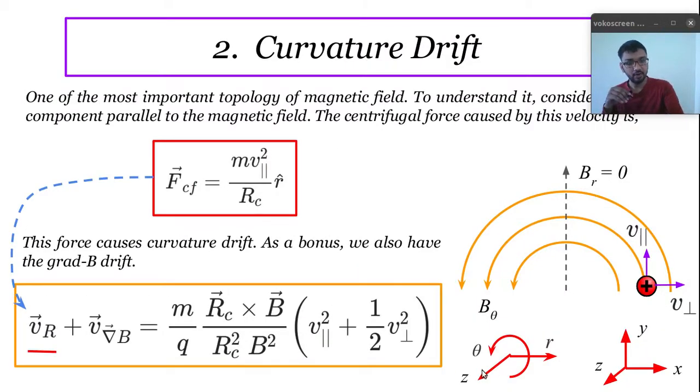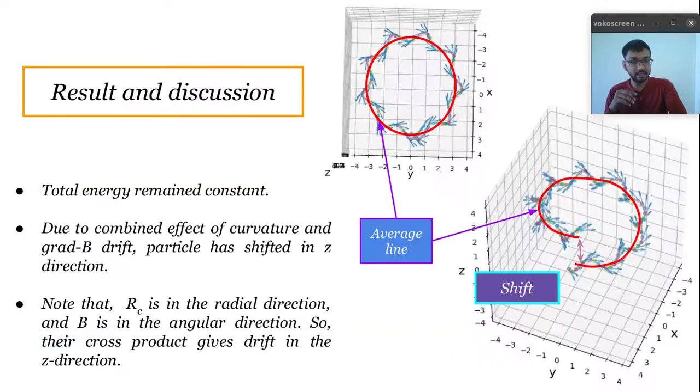So this kind of a scenario we will have. This is our radial direction and this is our angular direction. So we are doing the cross product of these two, then what will we have? We will have a resulting vector in z direction. So that is the reason why we have a shift in z direction.